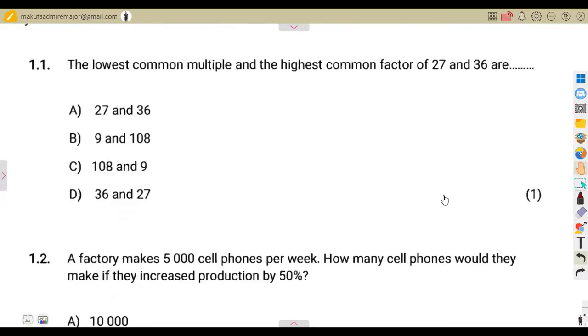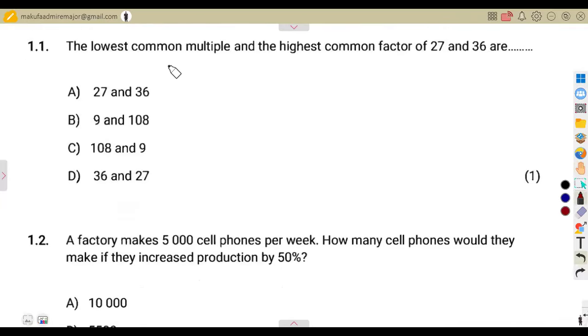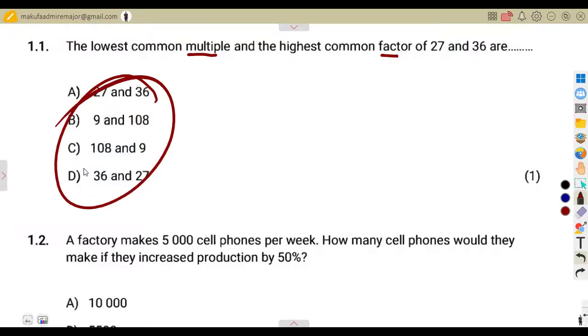Let's start. 1.1, the lowest common multiple and the highest common factor of 27 and 36 are. There are 2 things that we need, the lowest common multiple and the highest common factor. You can either test these numbers, or just calculate, because you know how to calculate this.